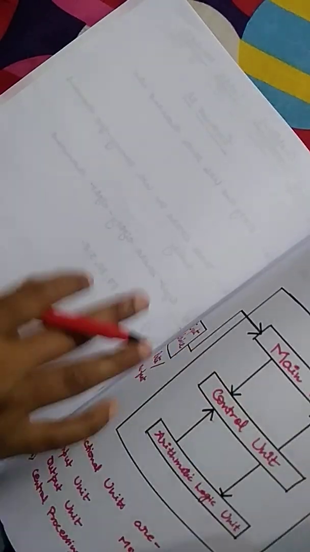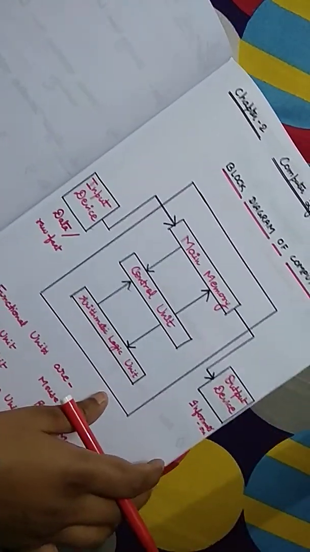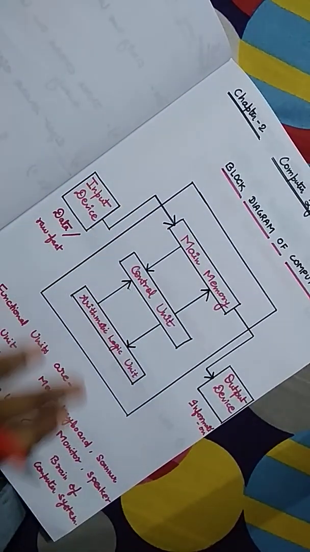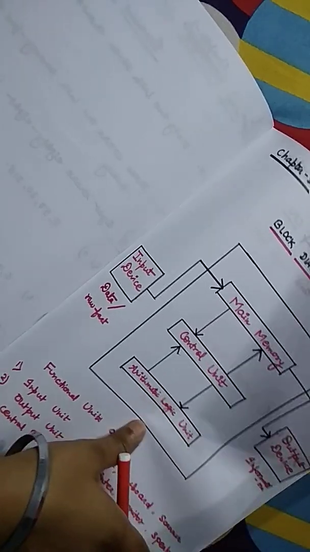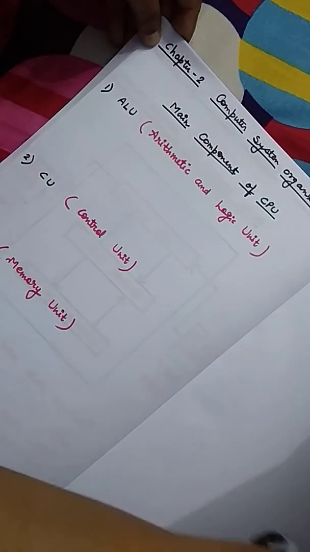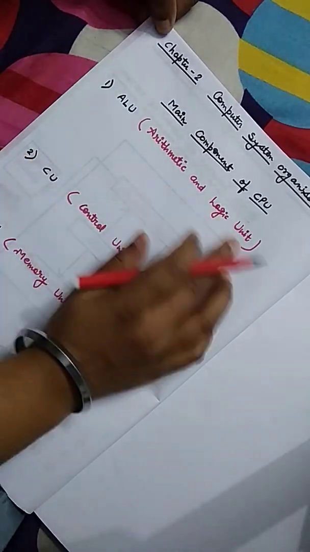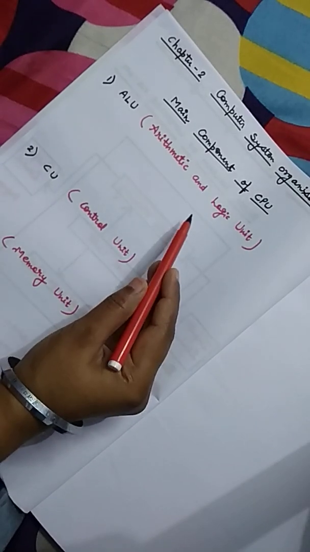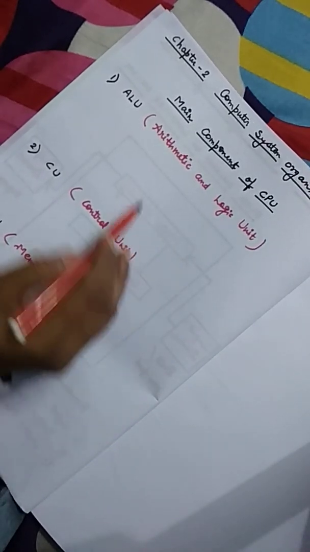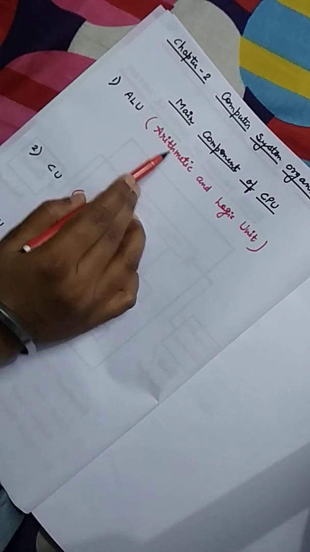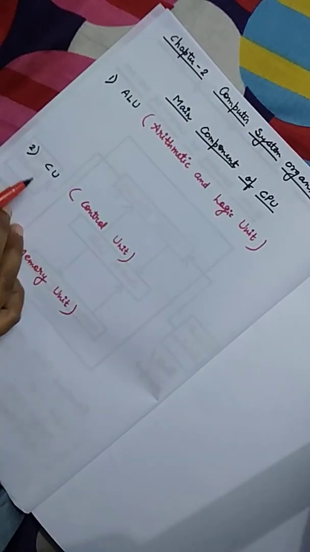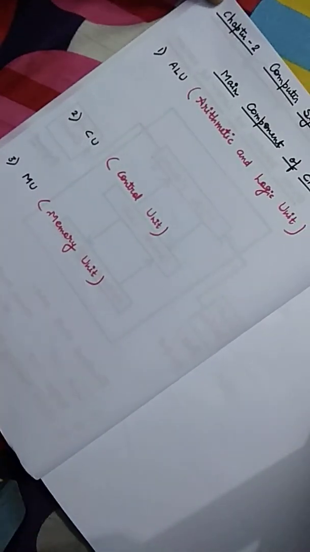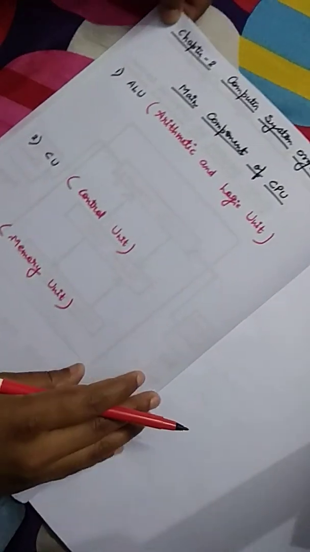Students, in the previous video we discussed the block diagram of a computer system, and according to this block diagram we concluded that there were three main components of a computer system: first, ALU, arithmetic and logic unit; second, CU, that is control unit; and third, MU, that is memory unit.